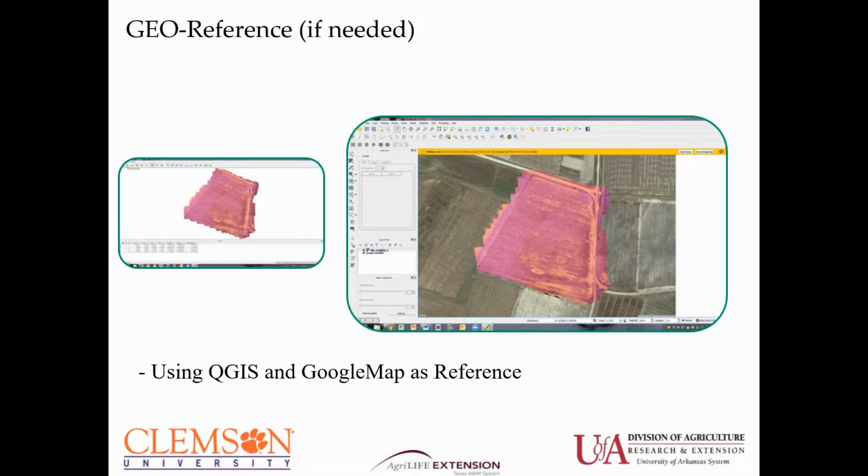This is an example of how to georeference an image using QGIS. QGIS has a neat function that you can use to georeference your SUAS stitched image using Google Maps as reference.